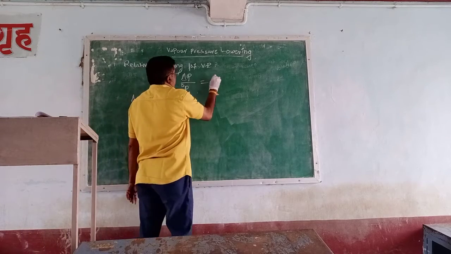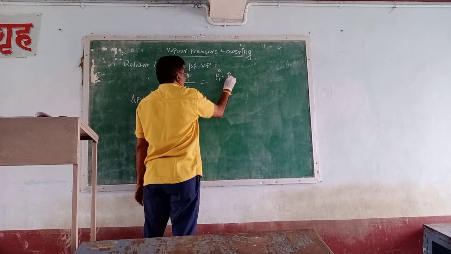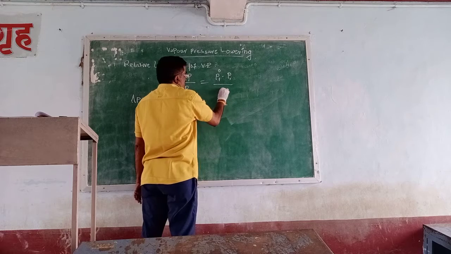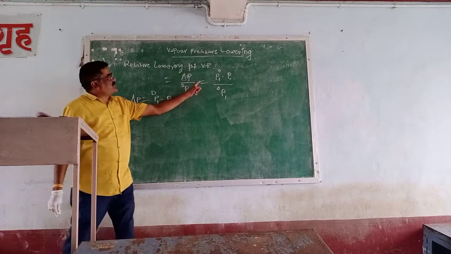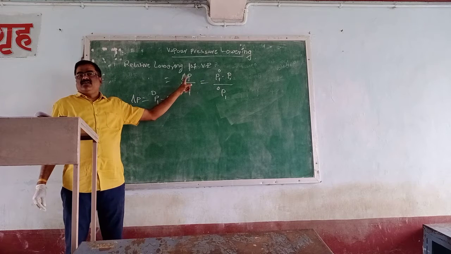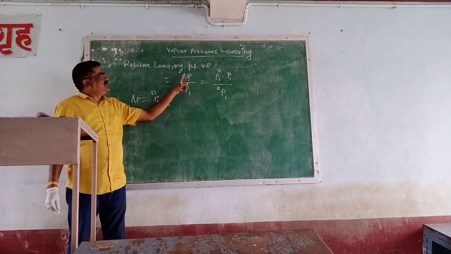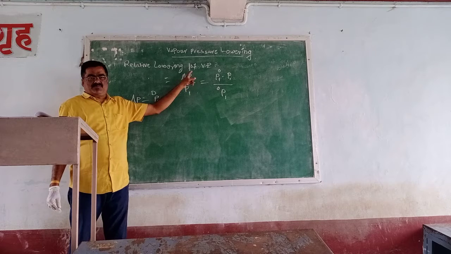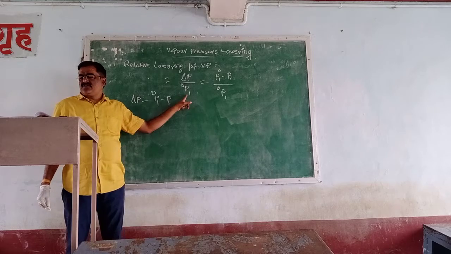Then we put this value: P1 naught minus P1 divided by P1 naught. Relative lowering of vapor pressure is the ratio of the lowering of vapor pressure of the solution divided by the vapor pressure of the pure solvent.